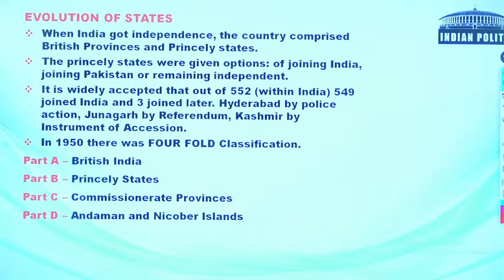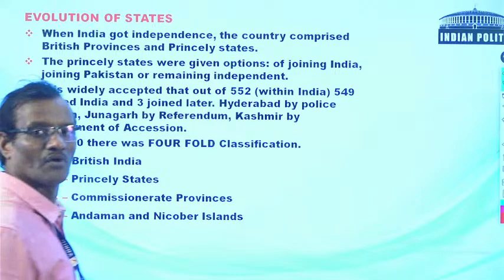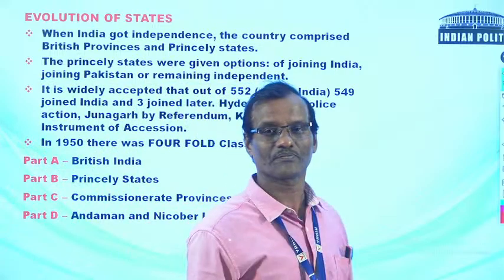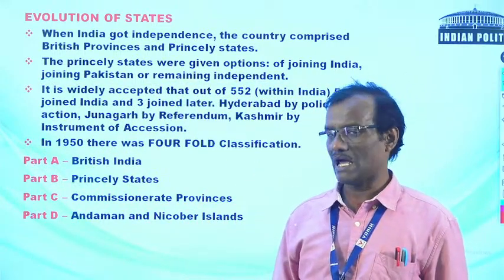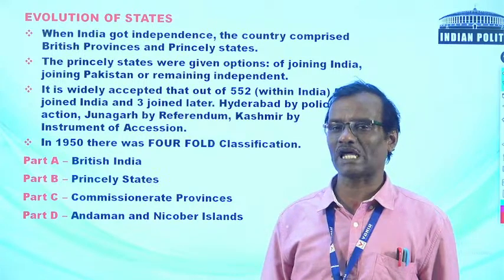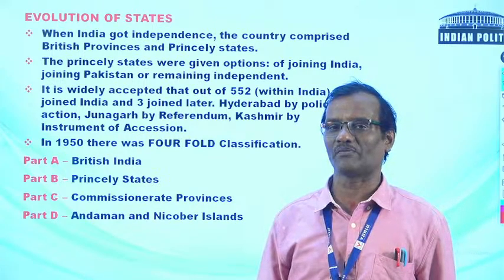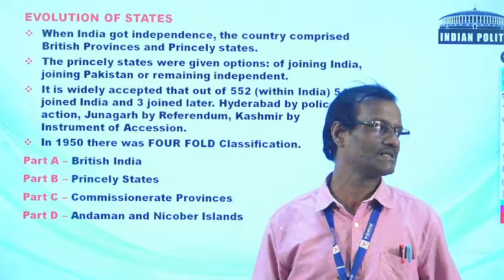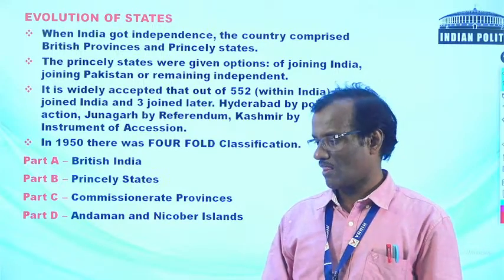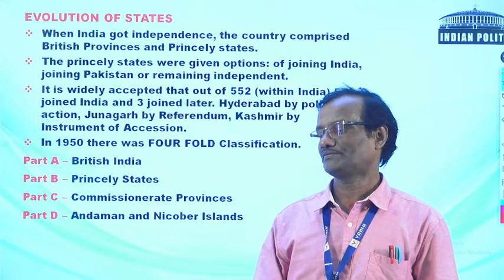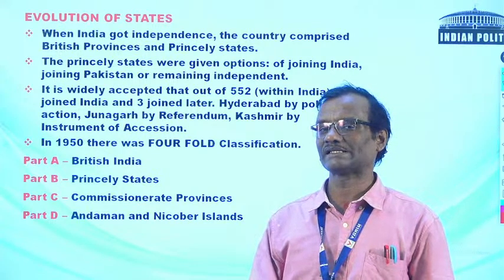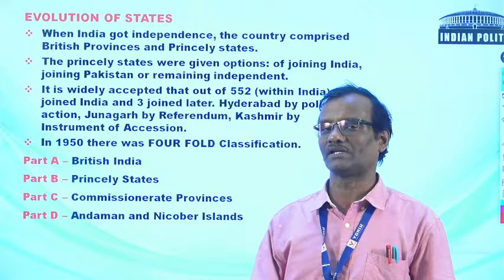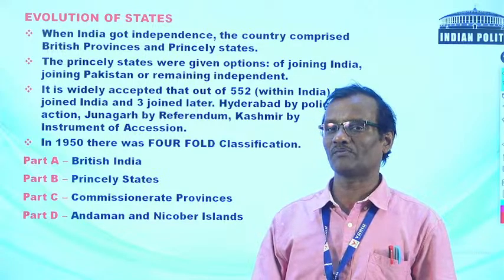There were 4 types of states in India at that time. The 4 types were called Part A, Part B, Part C, and Part D states. Part A states dealt with British India provinces.